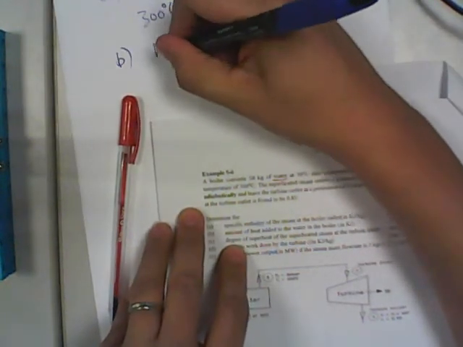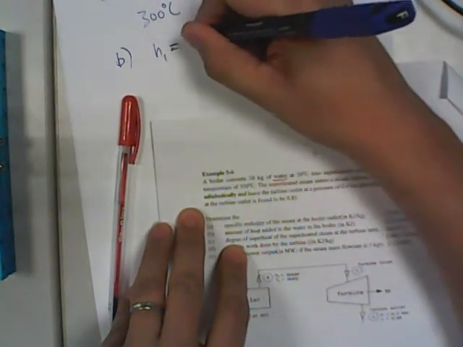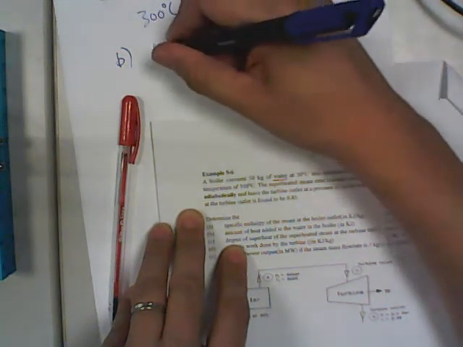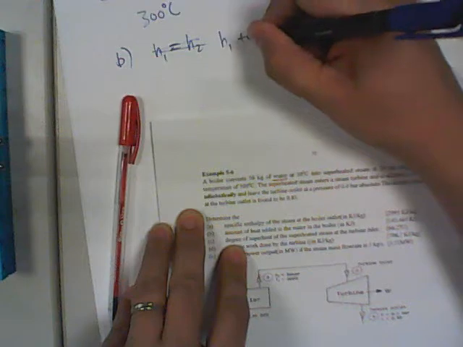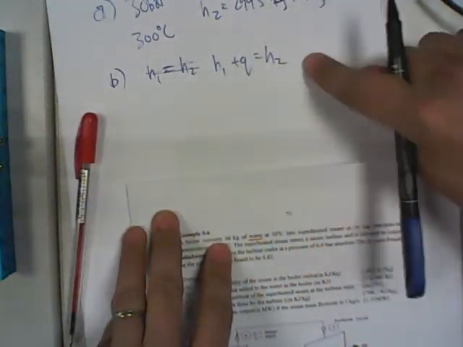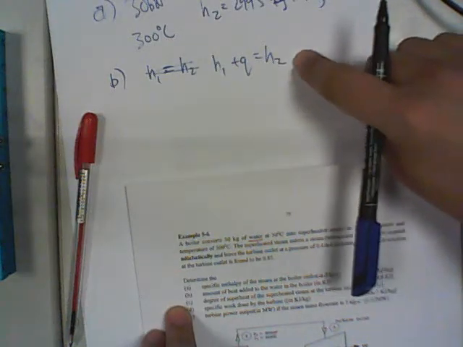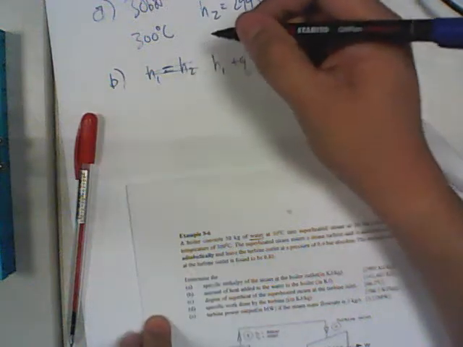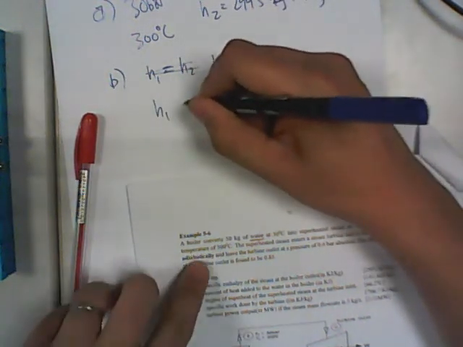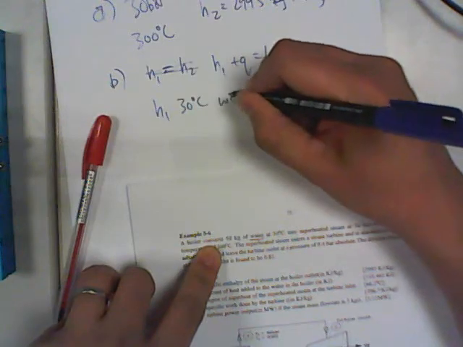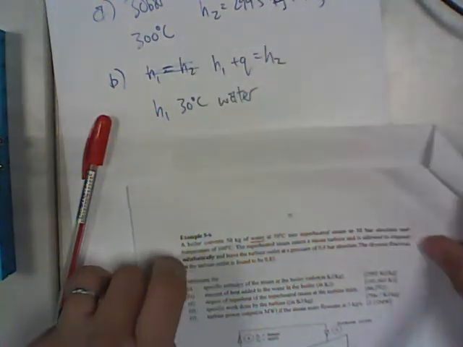H1 plus Q is equal to H2. H2 you already know is 2995, but H1 you do not know. And the idea is H1 is at 30 degrees and actually it is water.